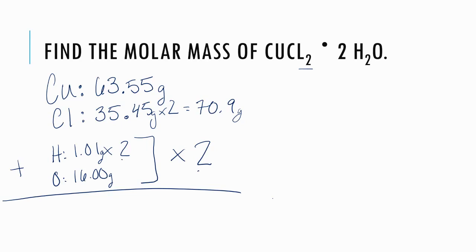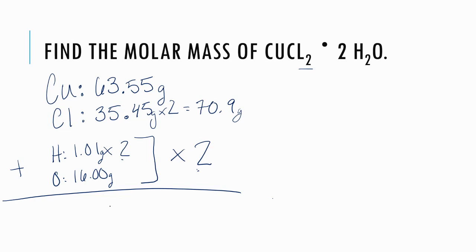So we're just going to add all of that up. So copper 63.55 plus the 70.9 from the two chlorine atoms. Then we have a total of 2 times 2, 4 hydrogens and 2 oxygens.